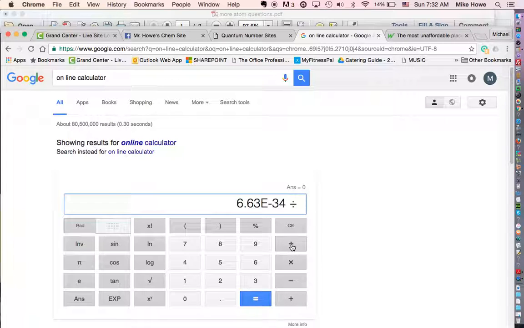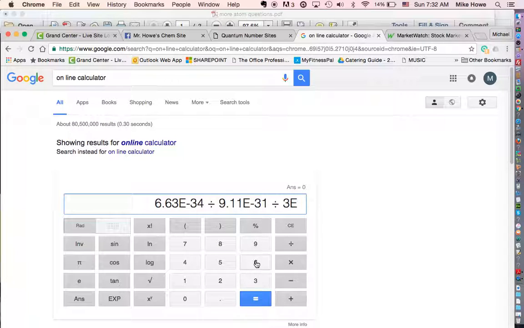That was divided by 9.11 times 10 to the negative 31st. And that was divided by 3 times 10 to the 6th.